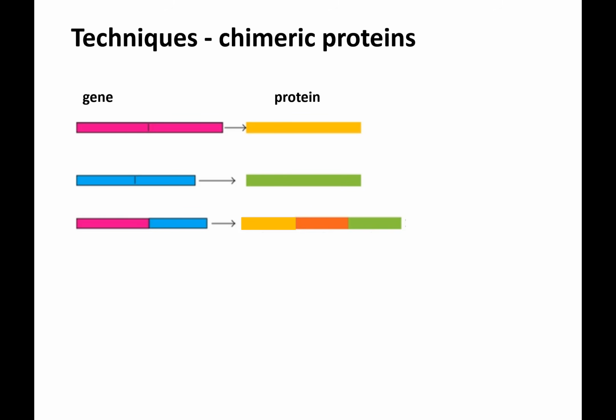So let's talk about some of the techniques. So one of the techniques that's used a lot is the idea of chimeric proteins. Okay, so chimera is a mixture. And so what they're doing is they're taking the gene, say from the human and the civet, which makes their own proteins, and they're mixing pieces of them together.